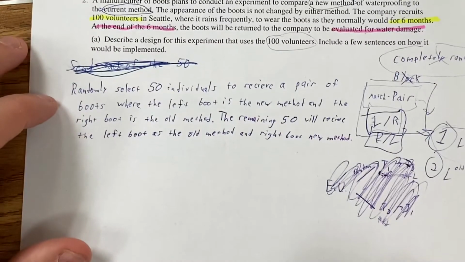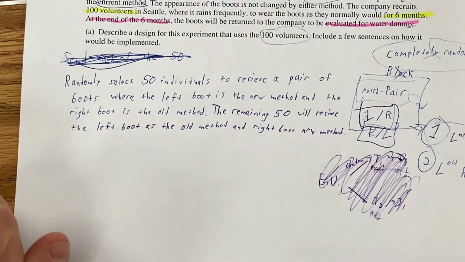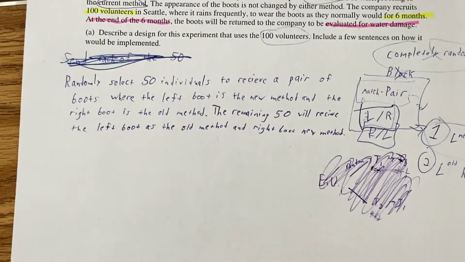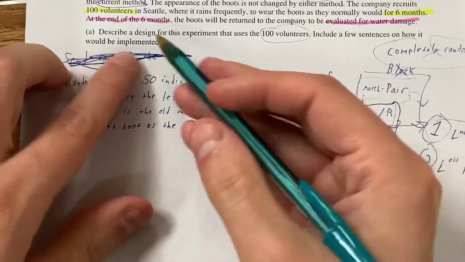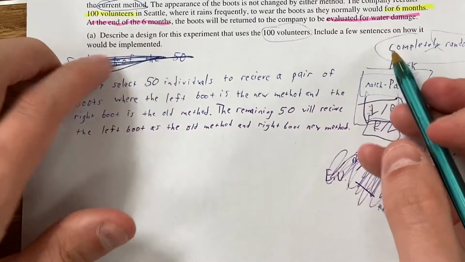Okay, so 50 of them will have it left and right, the other 50 will have right and left. And then describe a design for the experiment that uses all of them, how it would be implemented.